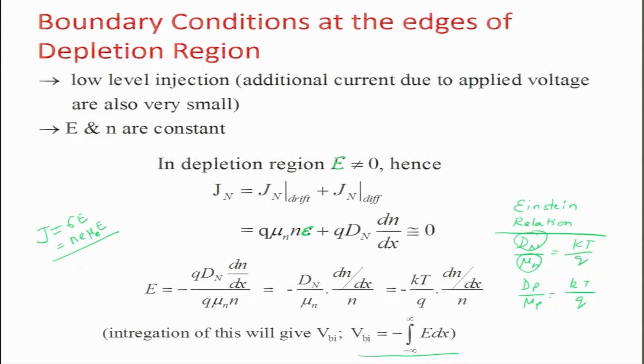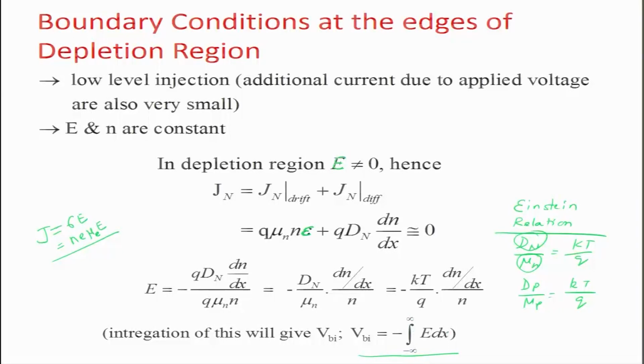The electric field is 0 outside the depletion region, so whether you integrate from minus infinity to plus infinity, or from minus Wp to plus Wn, it is going to remain the same, because on the other sides it is 0.